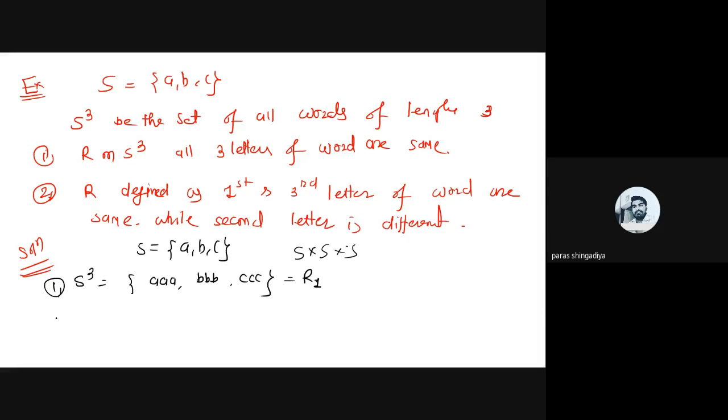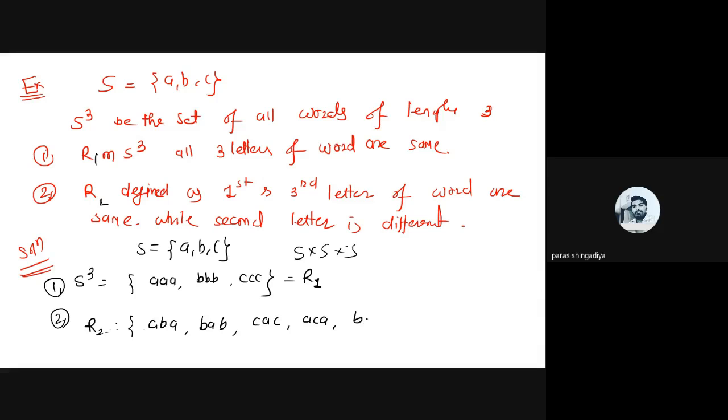And now in the second one, let us say it is R1 and let us say it is R2. So R2 is equal to, we just collect all these words where the first and third letters should be the same and the second letter should be different. You have to define such pairs where the first letter is the same and the second letter is different. So we can consider ABA, where the first and third are the same, the second is different. Then we can consider BAB. Then the second possibility is CAC, and then after that ACA, that is the fourth one.